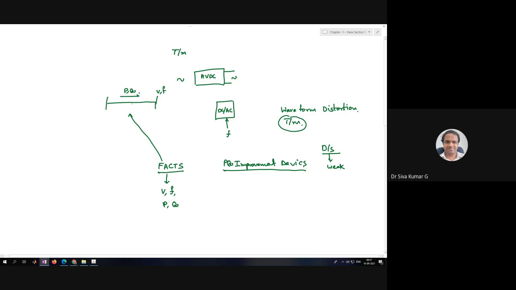Here you have a power quality improvement device. I'm just drawing one of the devices. This is a source VS, and you have a series kind of device, and here you have a shunt device.